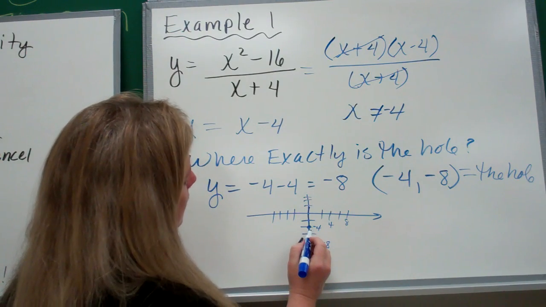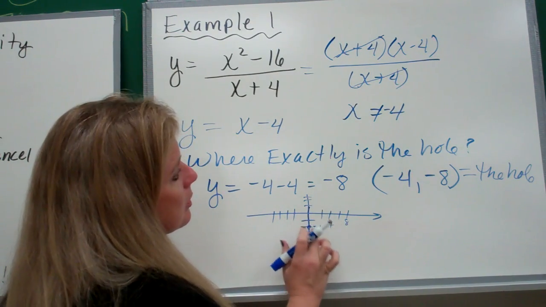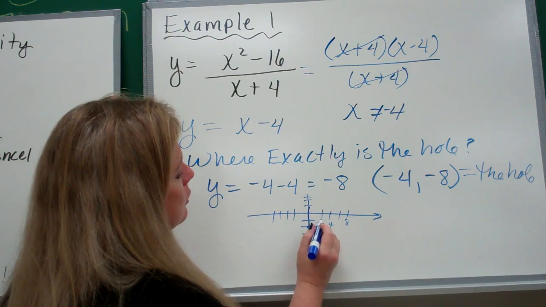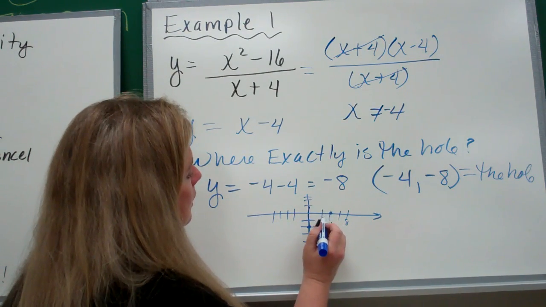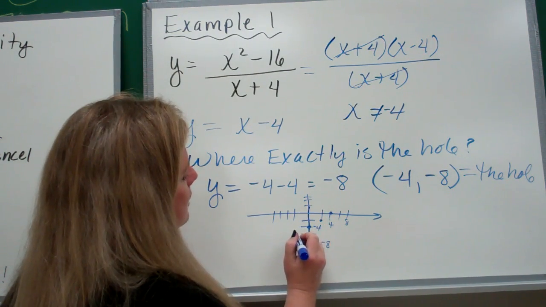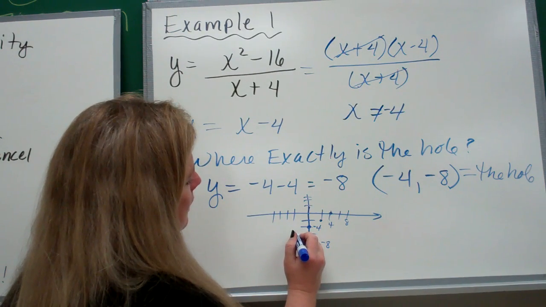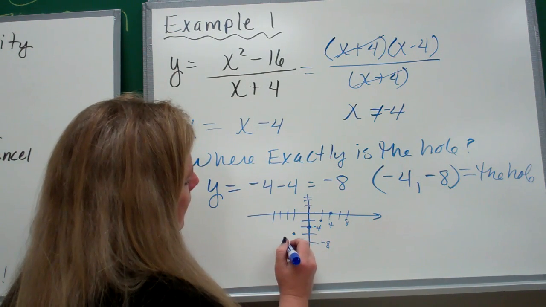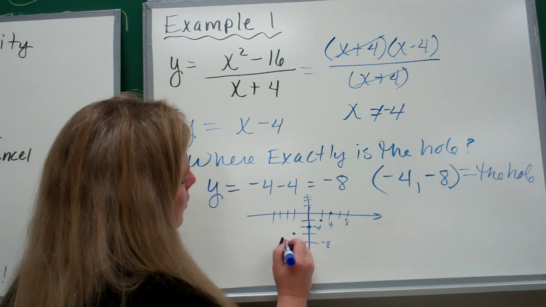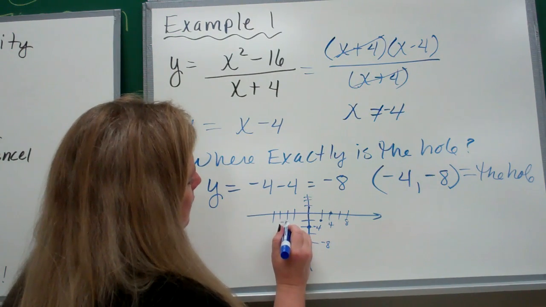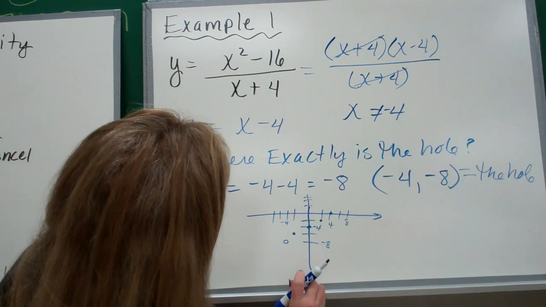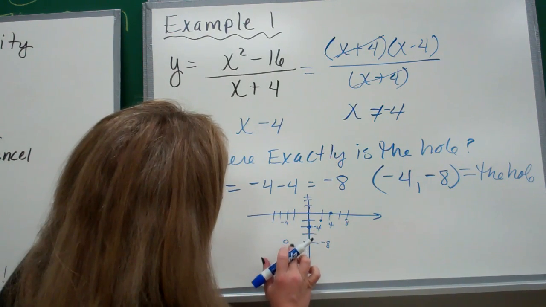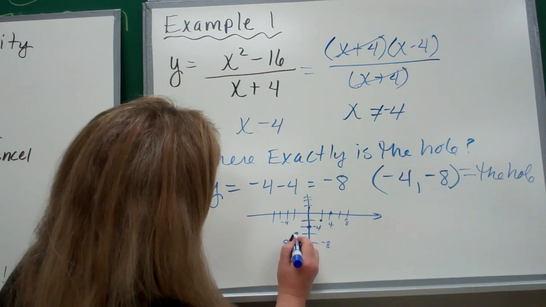My slope is 1. Since my units are by 2, if I go up 2 over 2, that's still just a slope of 1. Up 2 over 2, and down 2, back 2. This is where my hole is: negative 4, negative 8.